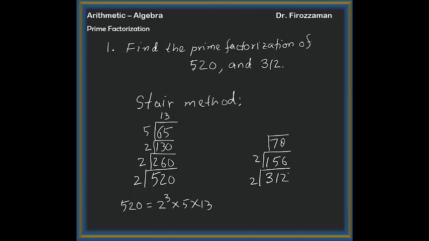And then divide by 2 again, you get 39. And then divide by 3, you get 13. So then we can say 312 is 2 to the 3 times 3 times 13. So we are done with the complete factorization. Now we'll move to the next example, and you will see we'll be using this factorization.